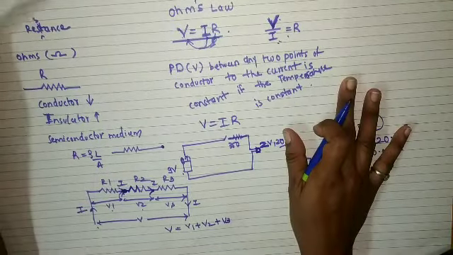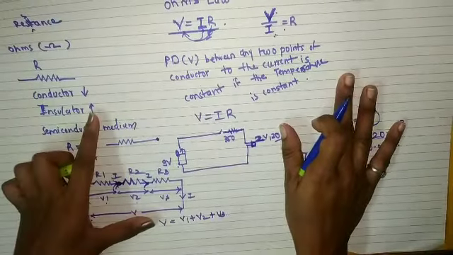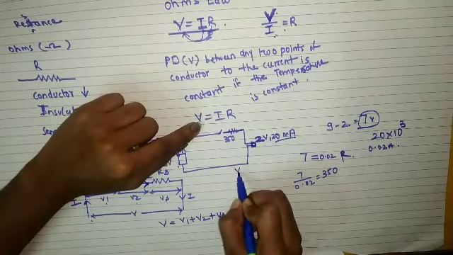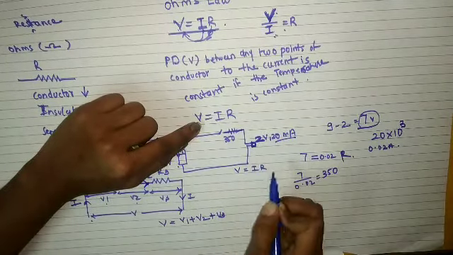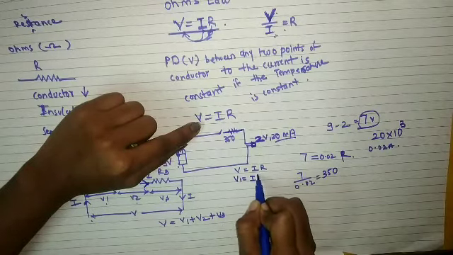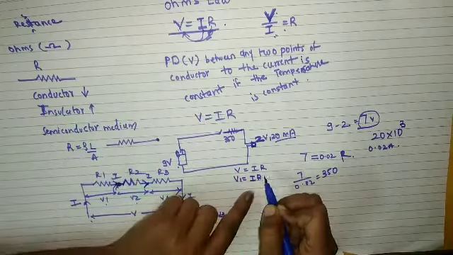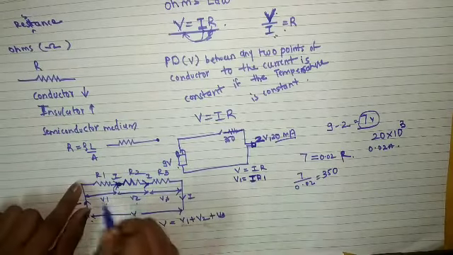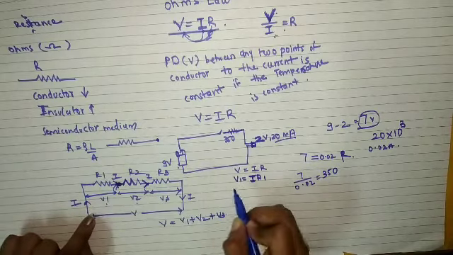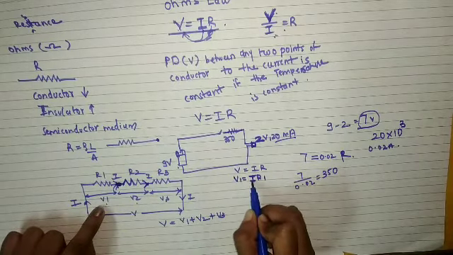From Ohm's law, V is equal to IR. So V1 is equal to IR1, because the current here is the same. For the resistance R1, the voltage will be V1 and the current will be the same.